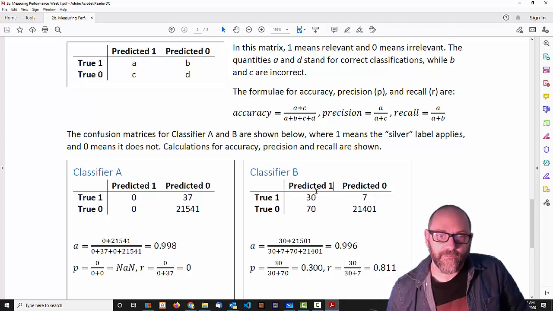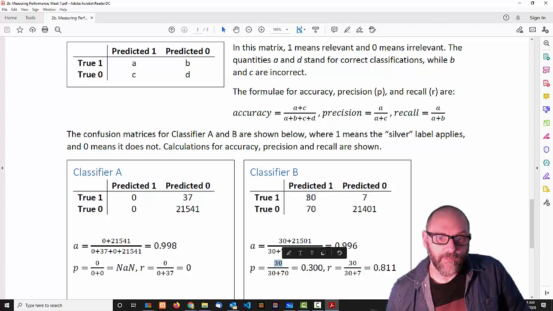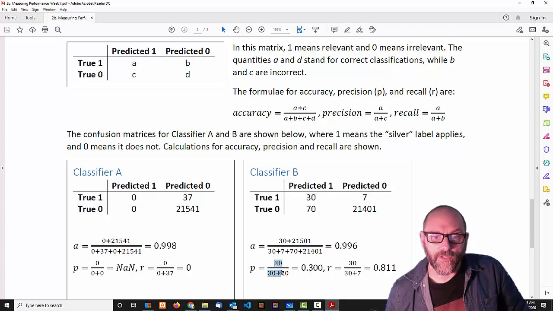Now precision is a measure of all the things you pulled out, all the documents you retrieved and said were silver, how many times were you correct? So we're looking at 30, the number of times we were correct, over the total number of documents we said were silver, 30 plus 70, which is 0.3 over here, and over here is not a number because it's 0 over 0.